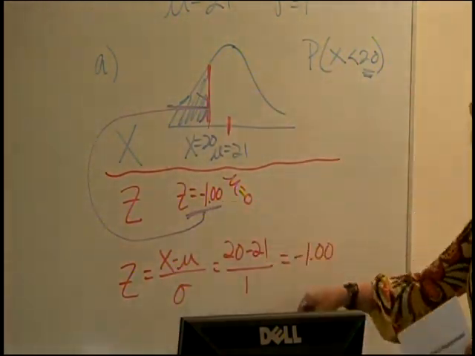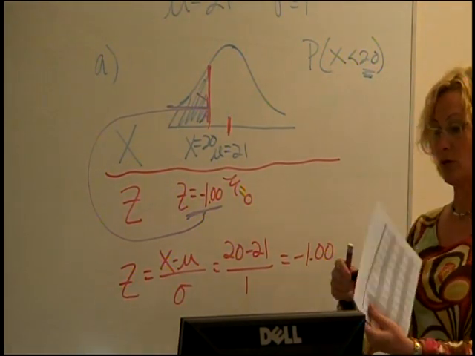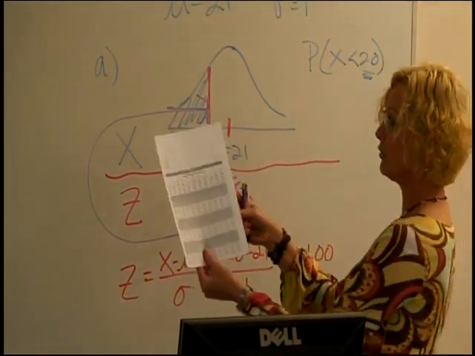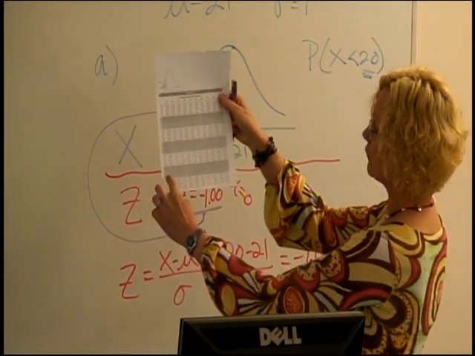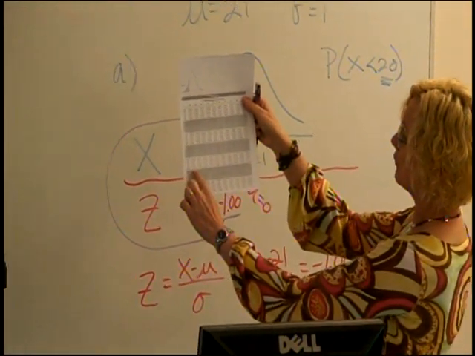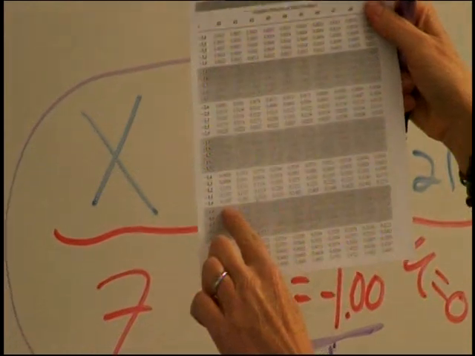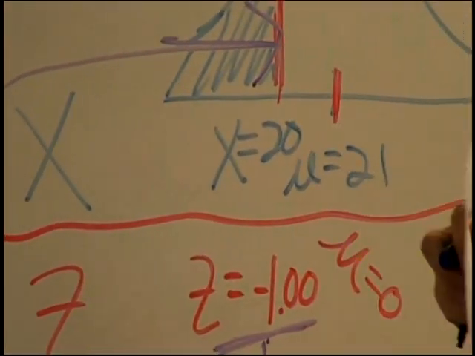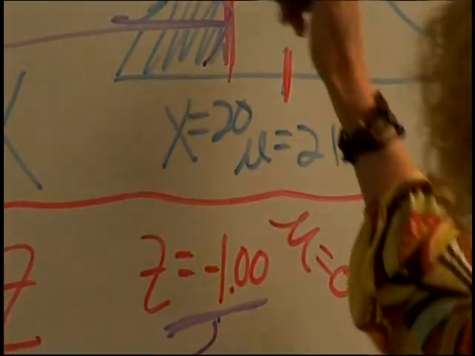Looking up that Z-score of -1.00, we go to the side of our Z table that has negative Z-scores, we look up -1.00, and we get what? 0.1587? Do you guys get that? Okay.